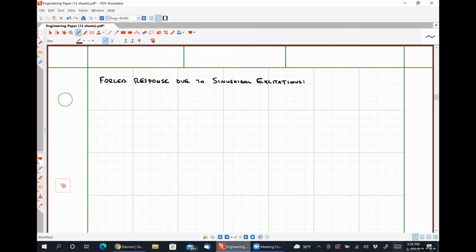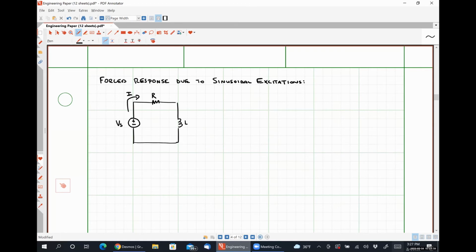So if we have the following circuit, and let's just talk about something very generic here, we have a voltage source connected to some resistor in series with some inductance L, and we want to know what this current I is.